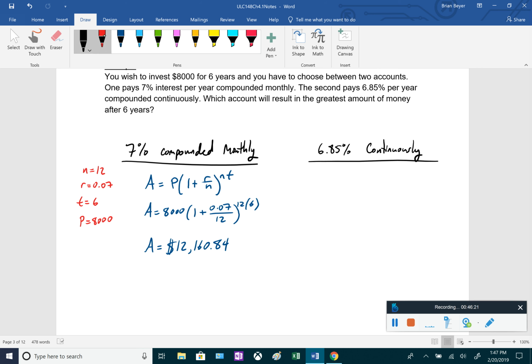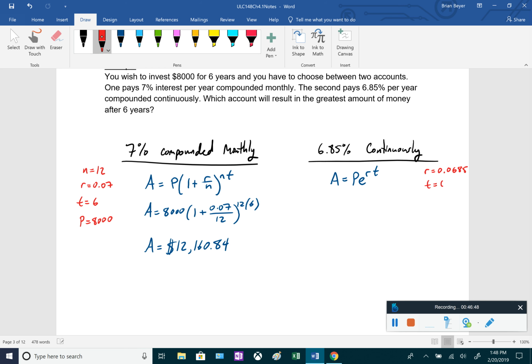As soon as you see continuously, that means you are using this formula, A equals P times e to the rt. For this one, we obviously don't have an n here because n is essentially going to infinity, continuously compounding. The R is going to be 0.0685.